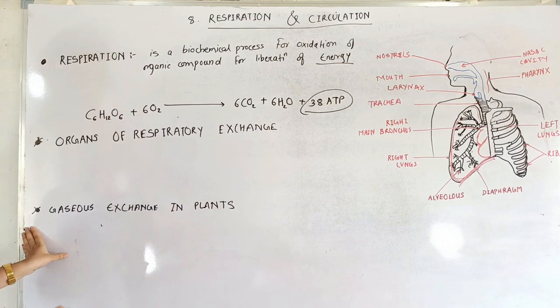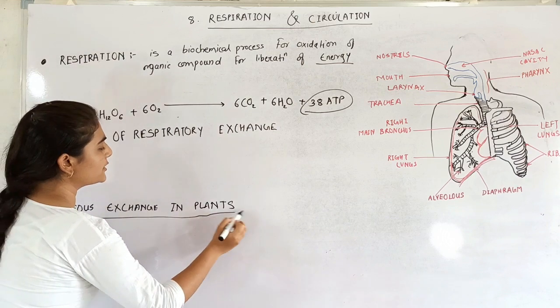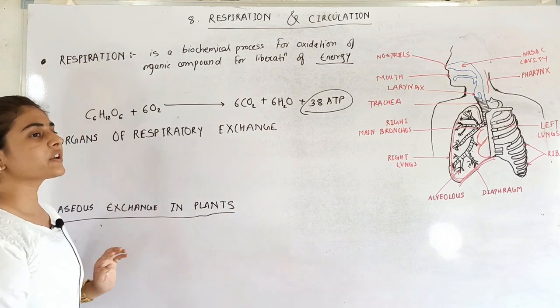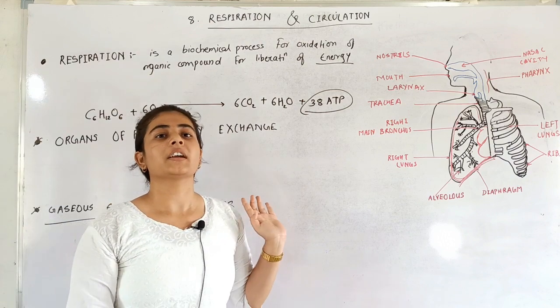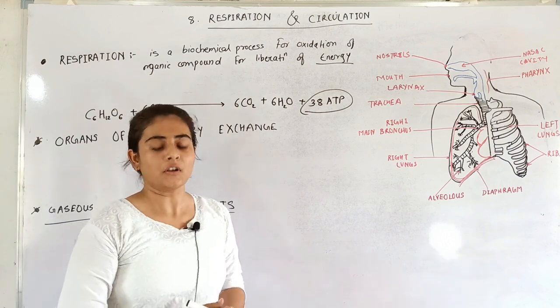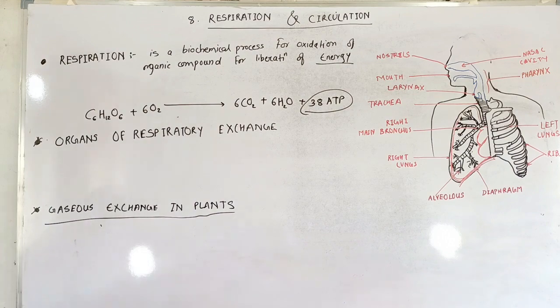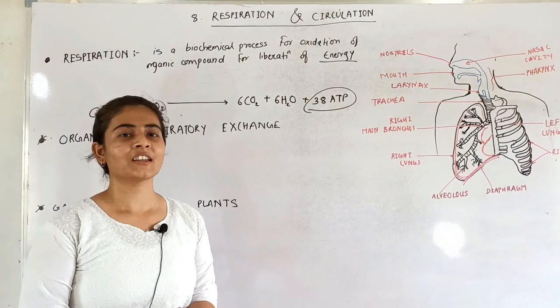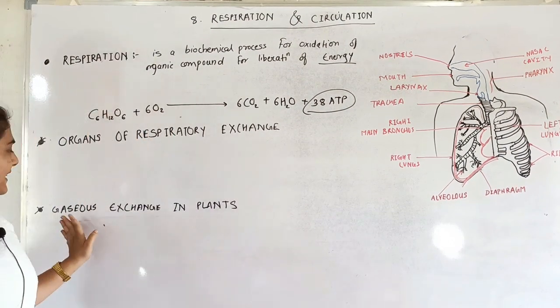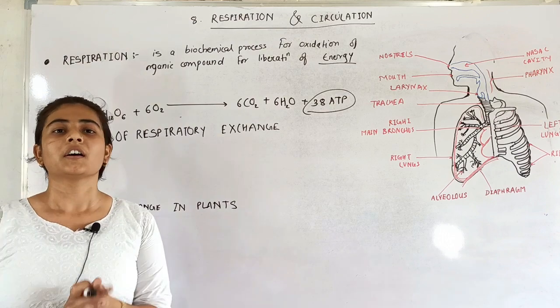Now let's discuss gaseous exchange in plants. As we know, the respiratory system is a system of living things. There are two kinds of living things, plants and animals. So first we discuss gaseous exchange in plants.